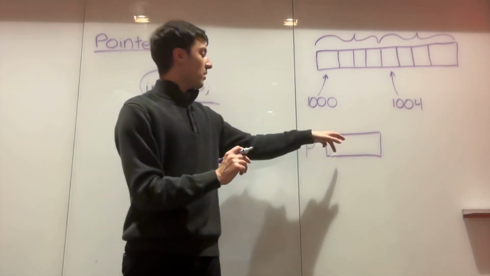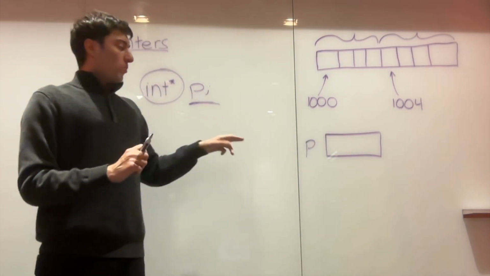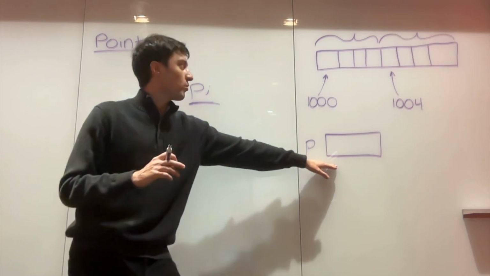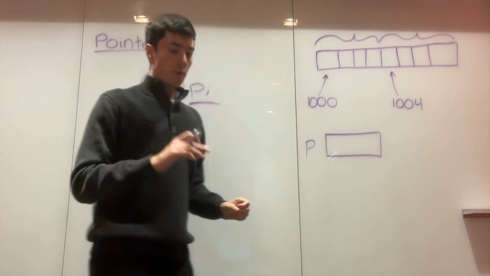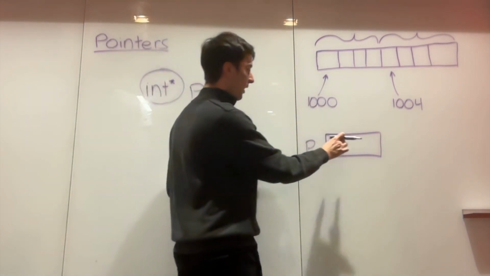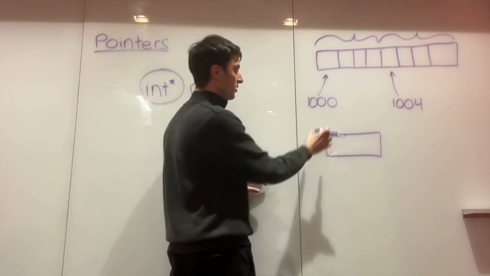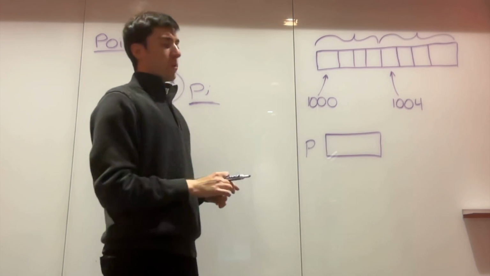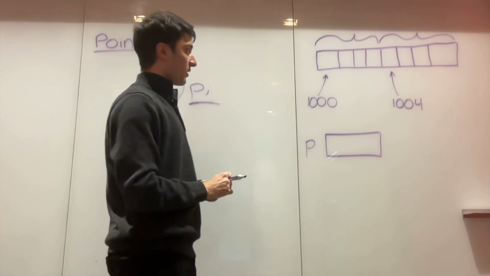Now, what we want to do is align this address with some variable. So I want this pointer to point to this address. And why would we want to do that? Well, we'll see that in a little bit.